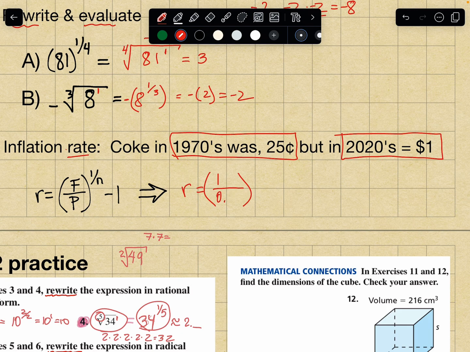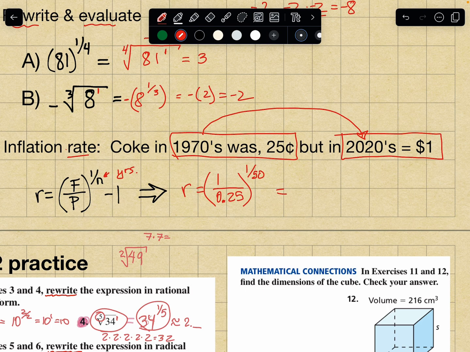The original price was 25 cents. Notice how I didn't write 25, but 0.25. I'm going to carry that to the 1/n power. Now, what's the n refer to? That is the number of years that have gone by. So from 1970 to 2020, how many years have gone on? And most kids would say, well, subtract 2020 minus 1970. You get 50.